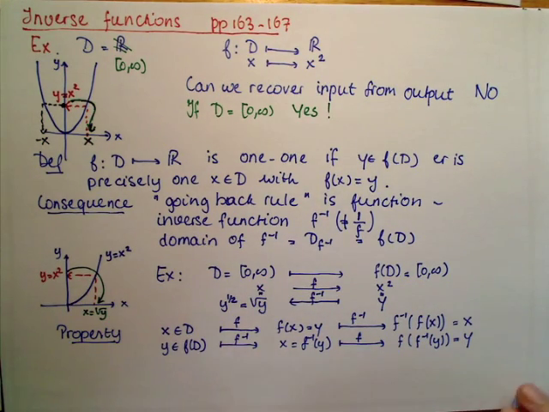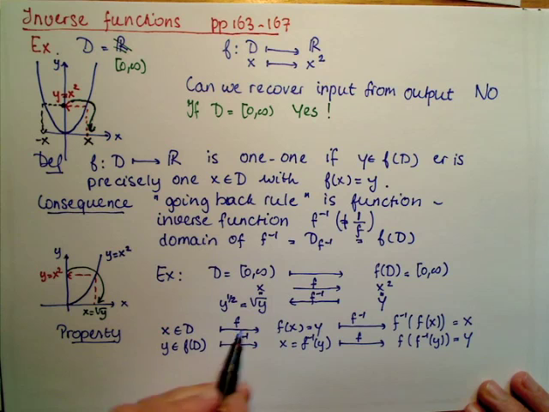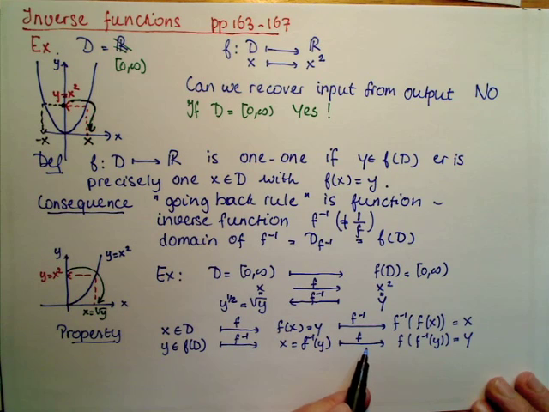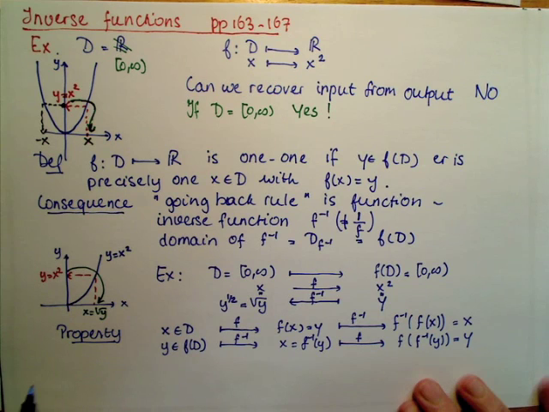This is in fact the composition of functions, and I hope you have read in section P5 how you make such a composition. So this is a feature that if you put first f and then f minus 1 to the result, we come back to our original point, and the same happens if we first start with f minus 1 and then apply f, we come back to the original point as well.